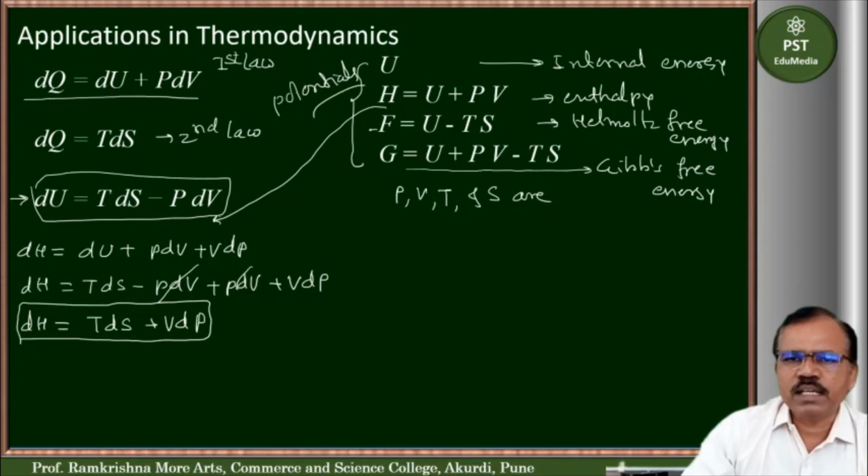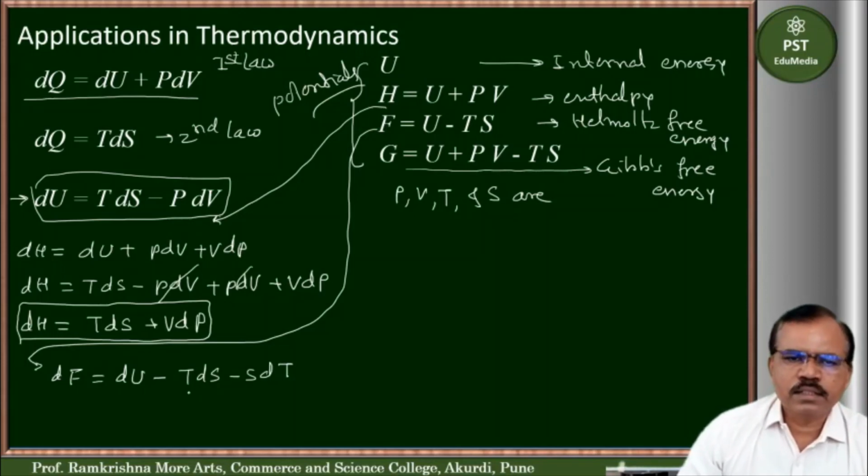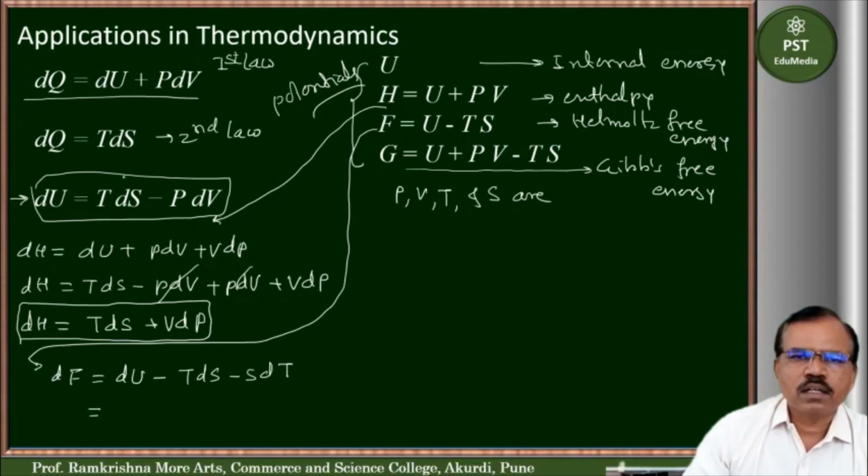Now from F, we can find df is equal to du minus Tds minus sdT. Now Tds is equal to dq, that is du plus pdv.